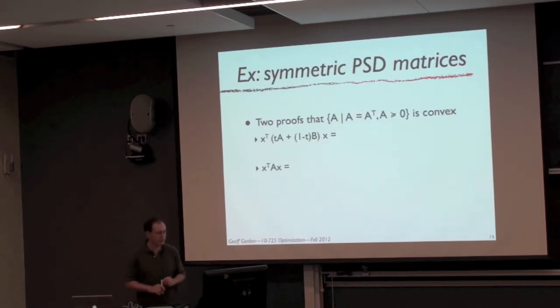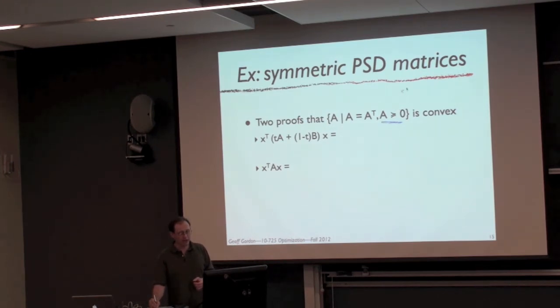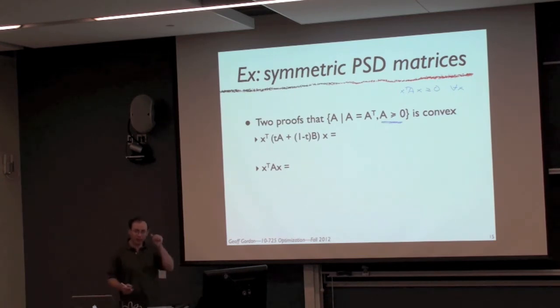So here's a nice example of a convex set. Recall that the matrix A being bigger than or equal to 0 with this funny little curly greater than or equal to sign is a notation for being positive semi-definite. And it means that x transpose Ax is bigger than or equal to 0 for all x, right? And so if we have the symmetric positive semi-definite matrices, we can prove that that's convex in two ways.